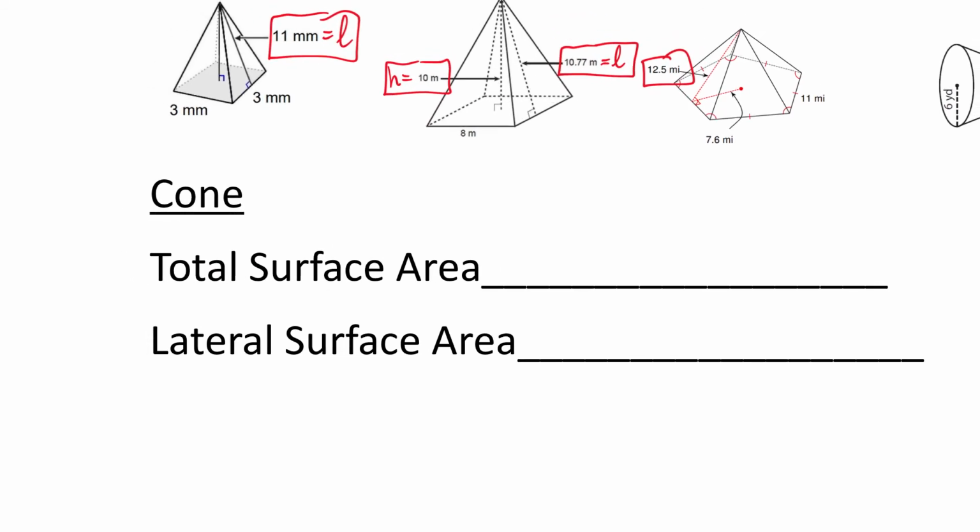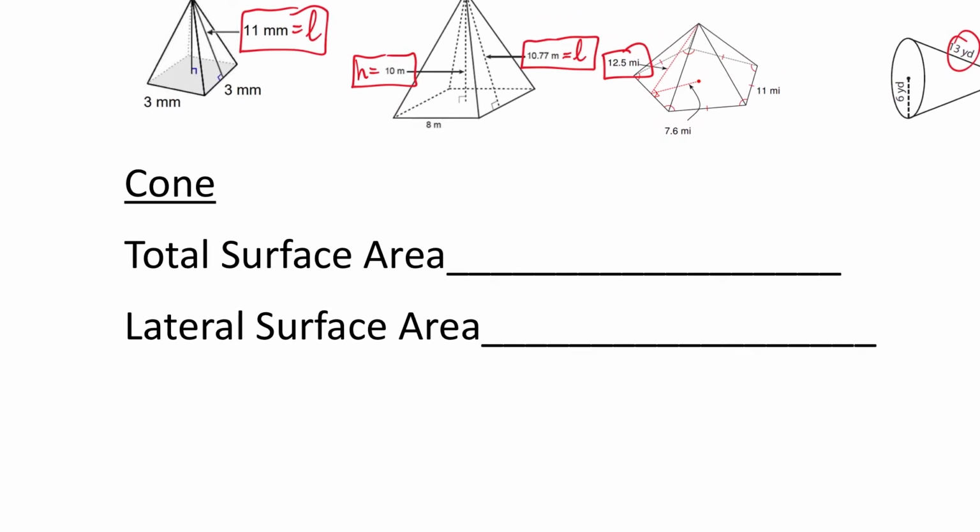Okay, how do we find total surface area of a cone? Pi R L plus pi R squared, I think. Yep. And then for lateral?